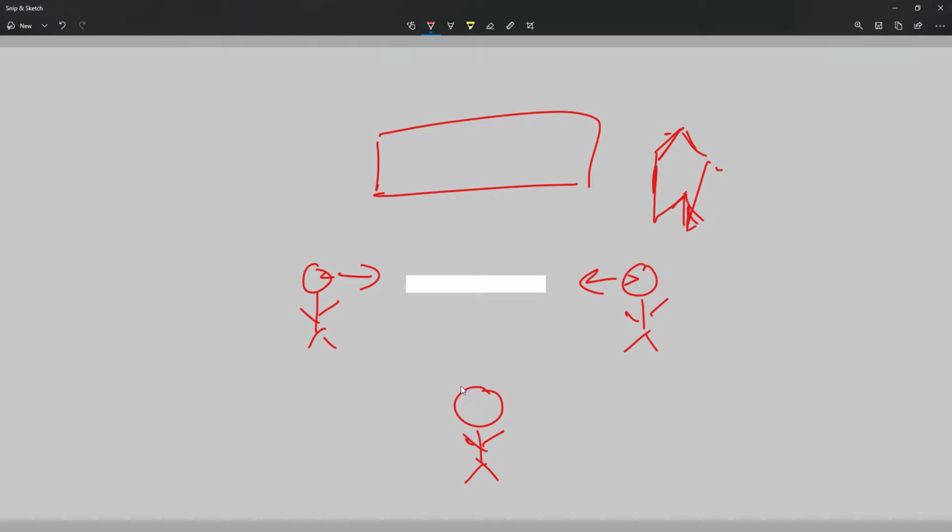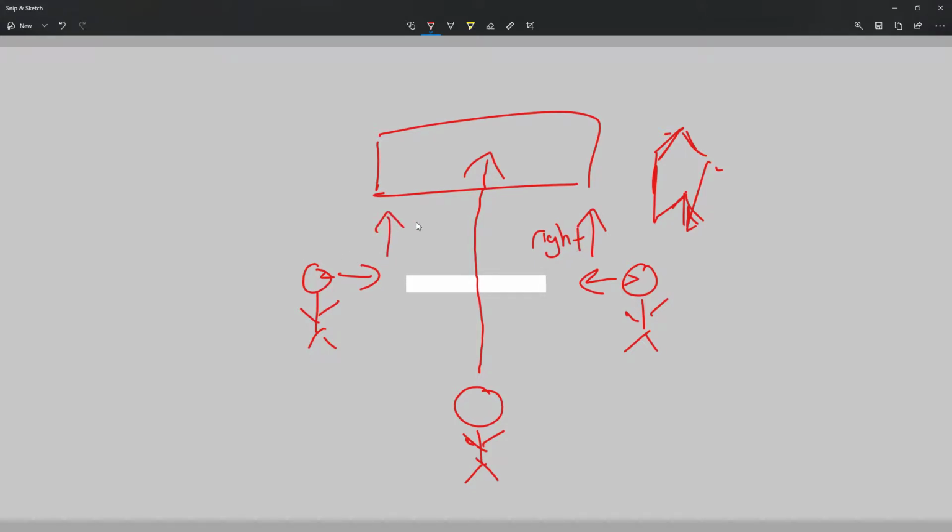Let's say I'm there. Say I throw a ball towards the whiteboard. This guy on the right, which direction does he think I threw the ball in? Well, this direction is to his right. What about the guy on the left?